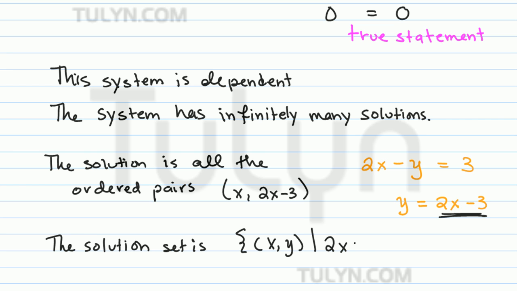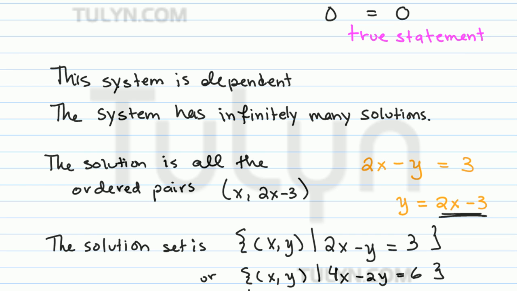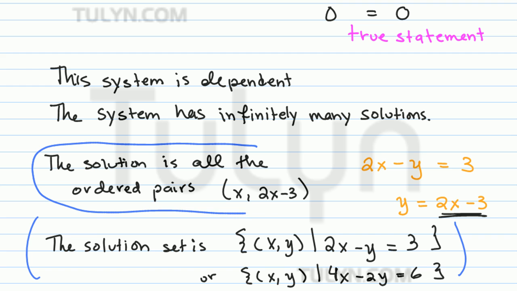So you can say 2x minus y is equal to 3, or the set of ordered pairs x, comma, y such that 4x minus 2y is equal to 6. Now the second definition here is pretty advanced, and you need to know a little bit of mathematical notation, and in general what's required of you is doing this step.